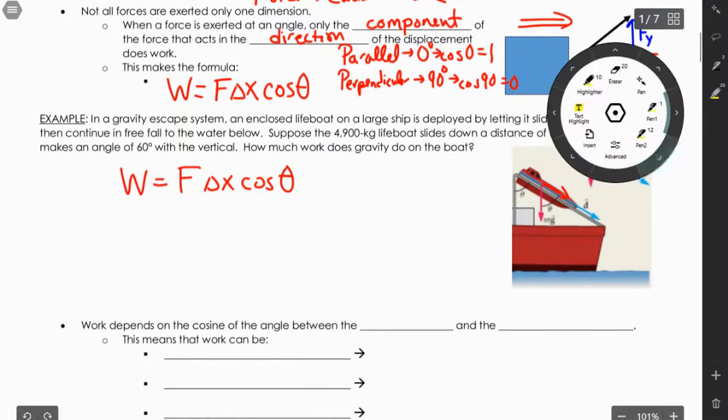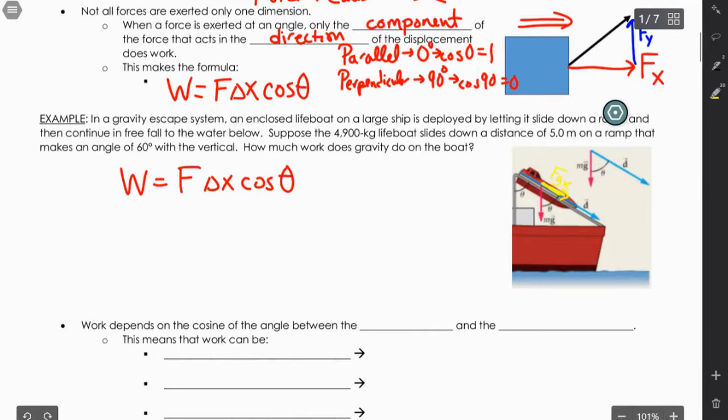I don't like to use yellow, but we'll use yellow here. So if I draw in my triangle, this is the x component of the weight, and so that will stay in line where we can use cosine and not sine.